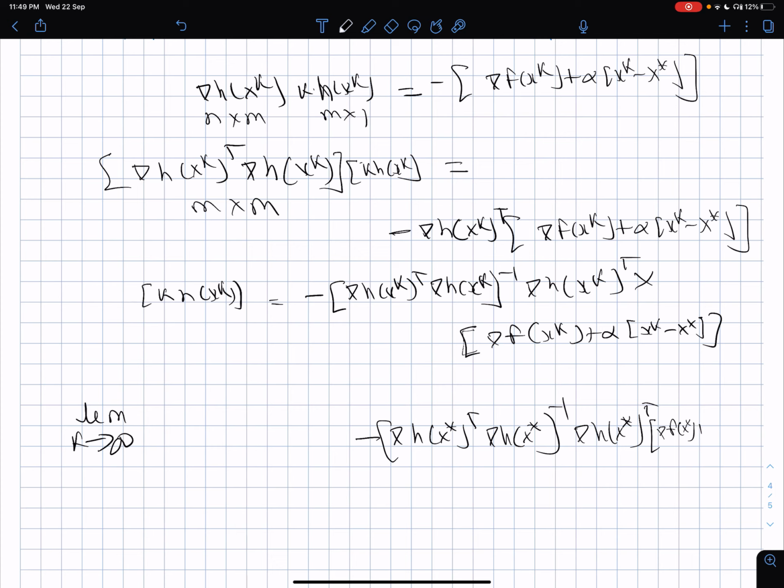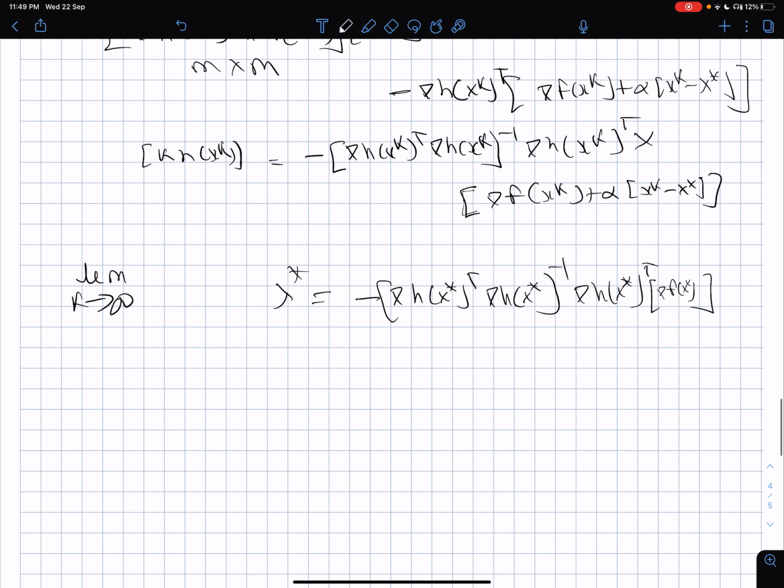So I can just close the bracket here. So this is a finite term, right? This matrix is known, this matrix is known, this matrix is known, the inverse is known. So this whole thing is finite. So we can call this vector lambda star.